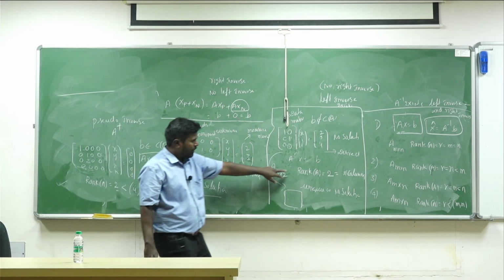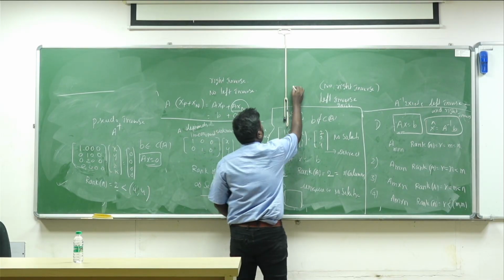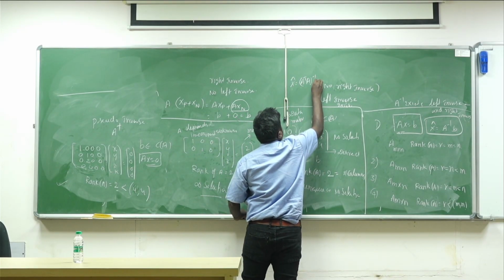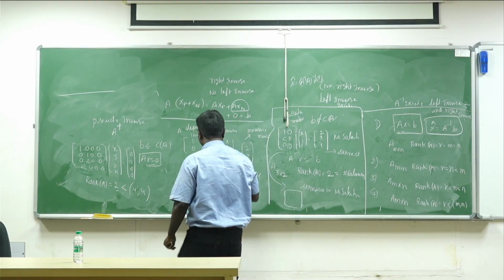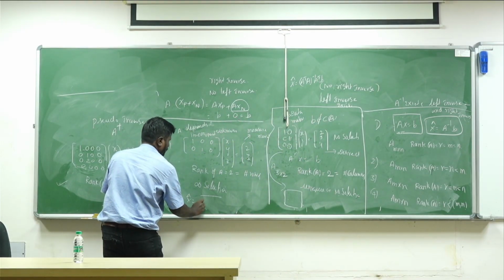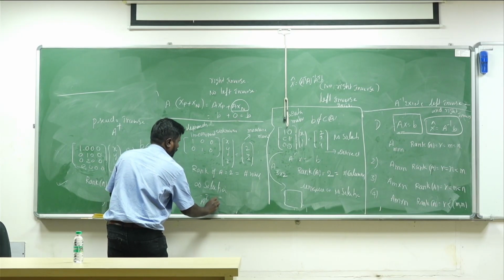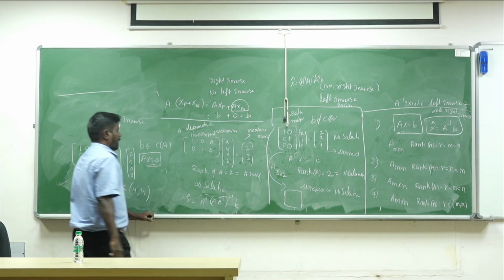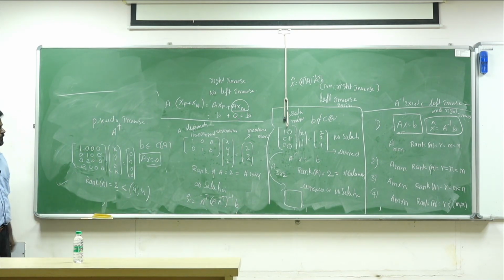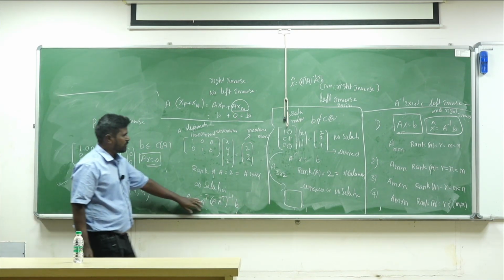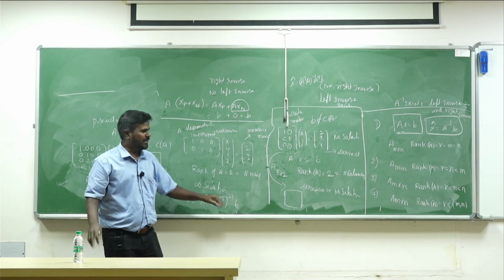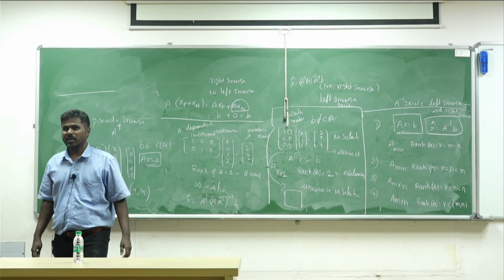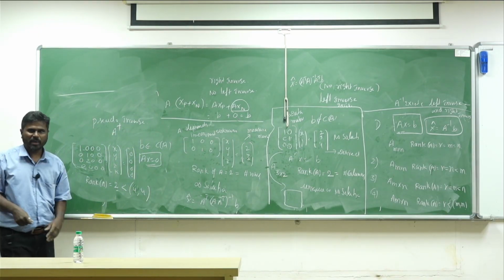For this problem, the solution is this. For this problem, we combine these two, and the solution is to do with A transpose and A transpose A. It is to do with the eigenvalues of those two matrices.